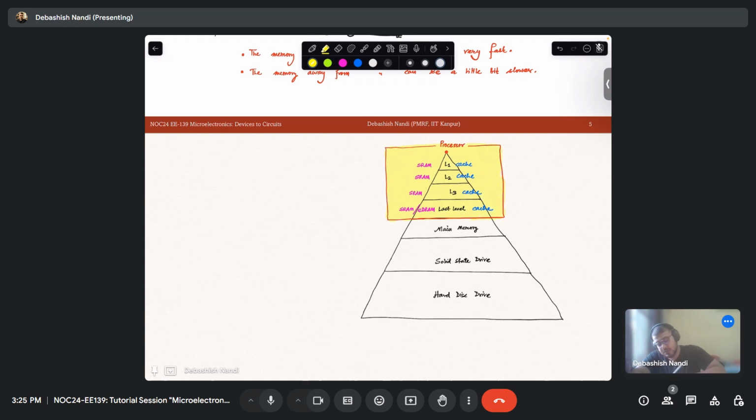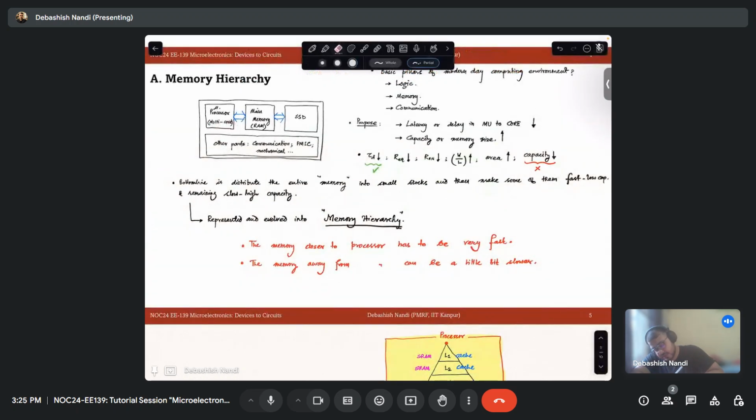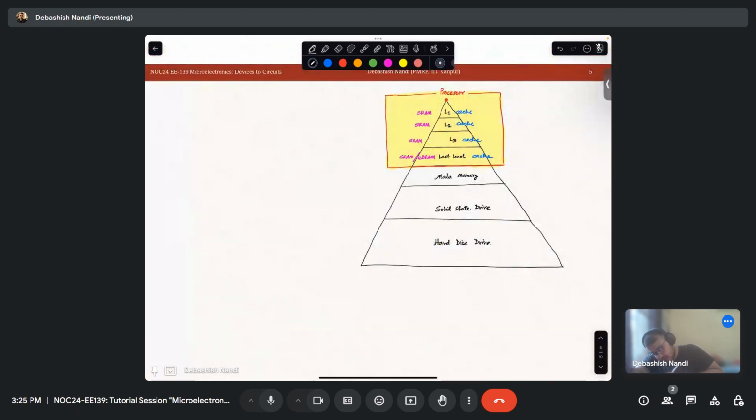So let me just highlight this part. If you just open a processor, let's say it is some kind of multi-core processor.